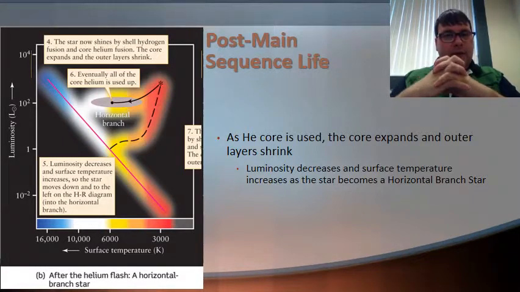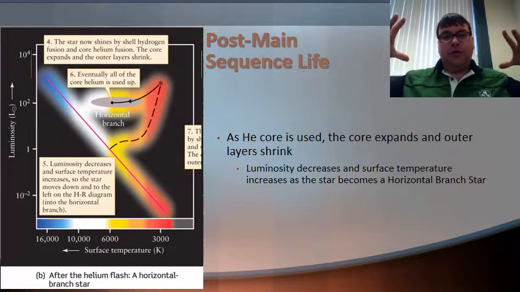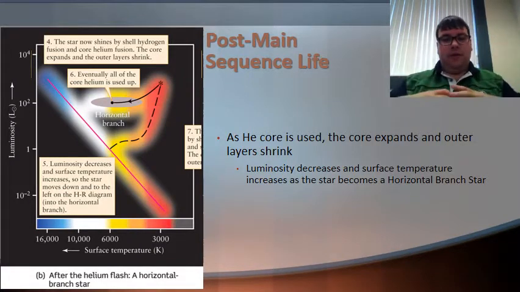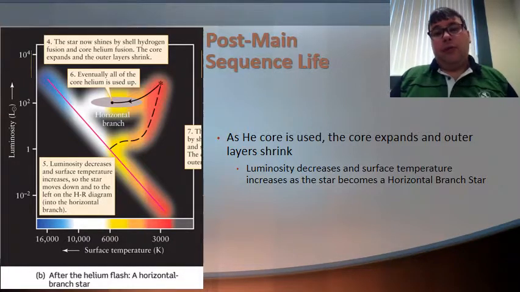And then as that core is smaller, it is forcing helium to fuse, and likewise radiative pressure is pushing out. So it's still sustaining those lighter, less dense layers that are much larger than the original star. But the star does grow and shrink in size based off of the fuel that it is using.